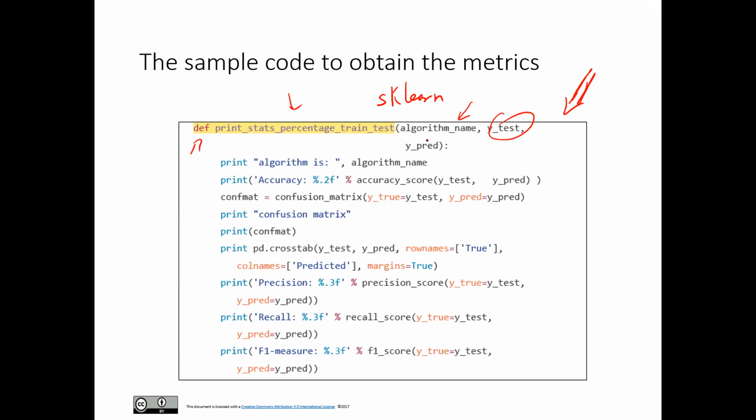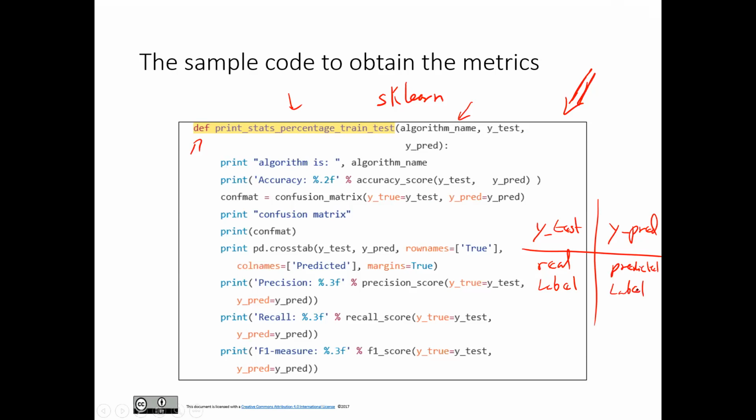But what's important is that for supervised learning, we always have those 2 arguments. I like to call these Y test versus Y pred. The Y test sample is the real label, versus the predicted label.